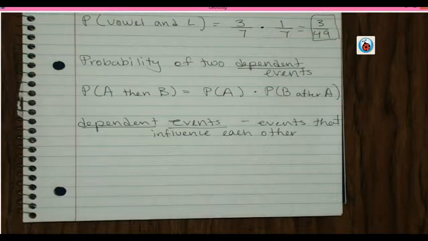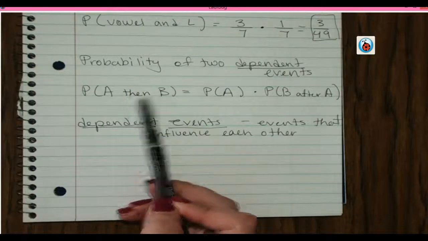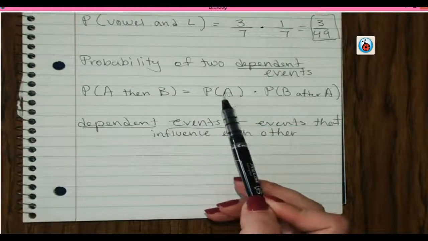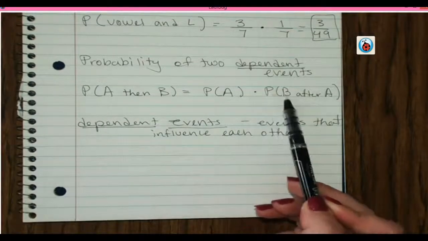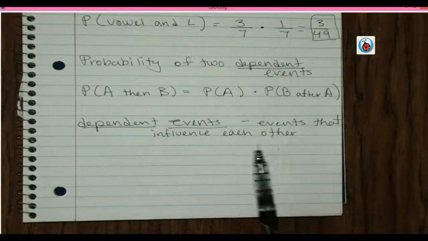The probability of two dependent events is the probability of A and then B. So the probability of A times the probability of B after A. Dependent events are events that influence each other.